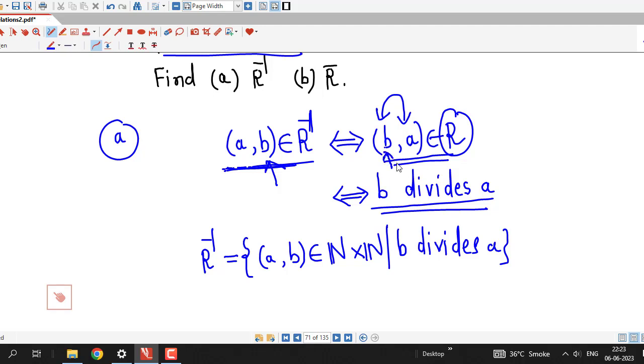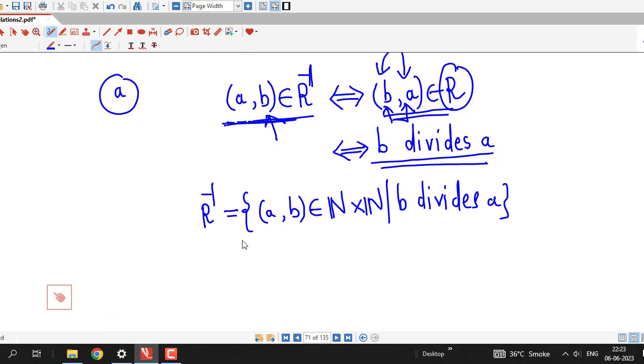Here the first element is B, the second element is A. This is the converse of a relation R.